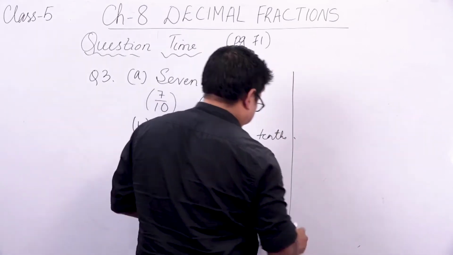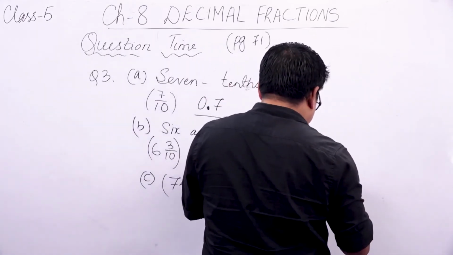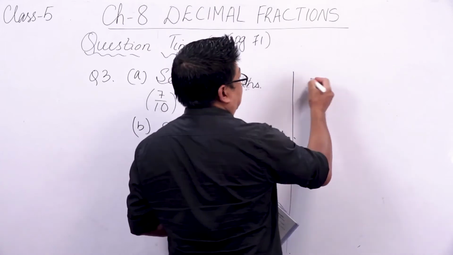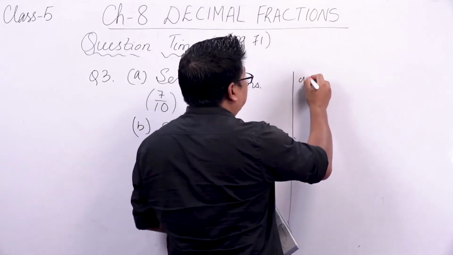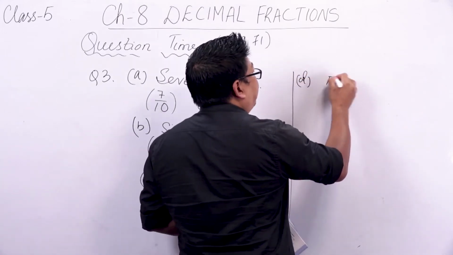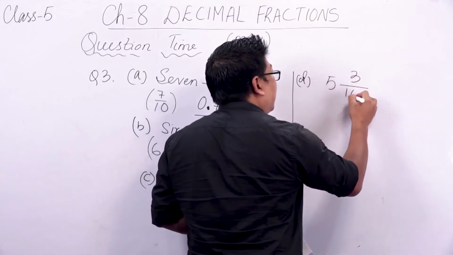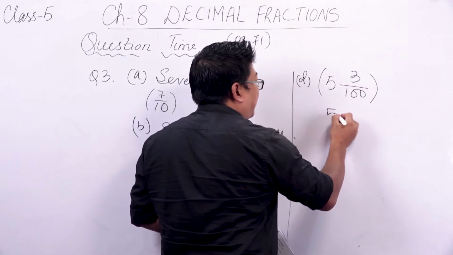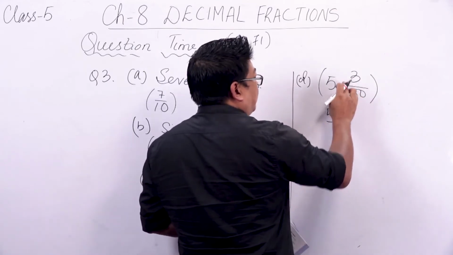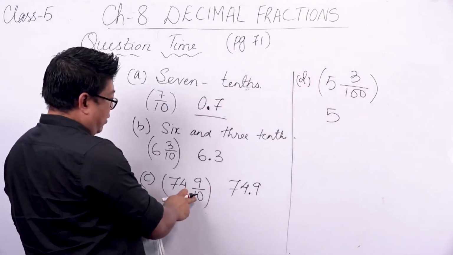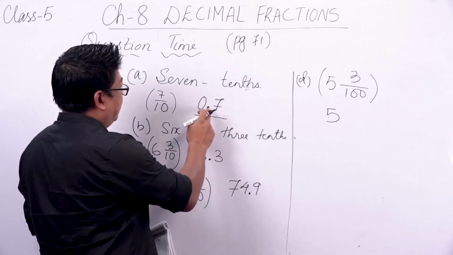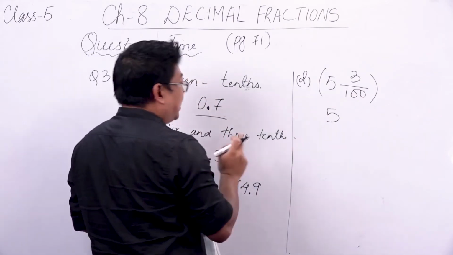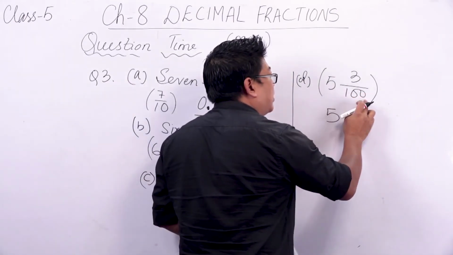Similarly, 5/300. Now, this is D. If you look at this number, you will write 5 as it is. Now, the other ones we wrote directly 0.9, 0.7, right? 0.3. But here we have 2 zeros.